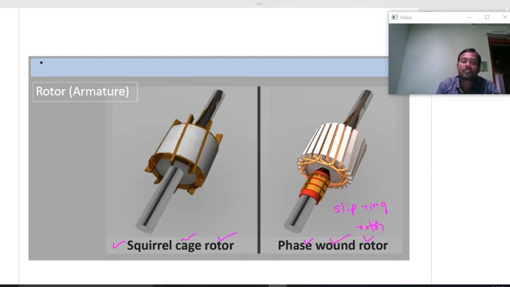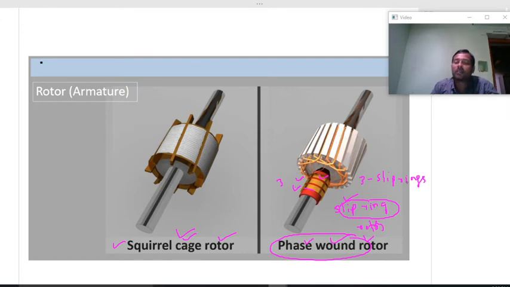So this is the squirrel cage rotor, and this is the phase wound rotor or slip ring rotor. Why is it named slip ring? Because slip rings are available: one, two, three slip rings.